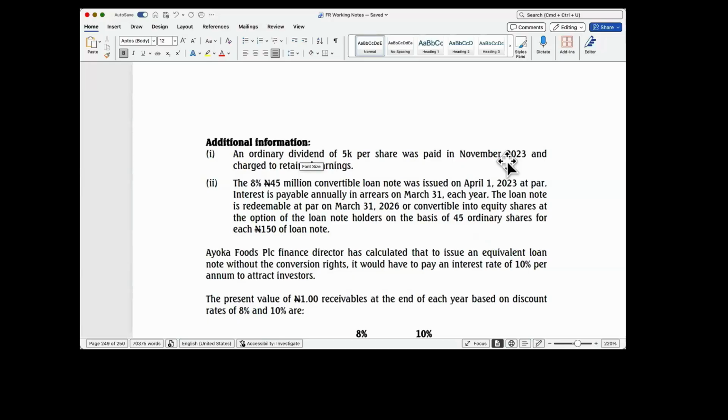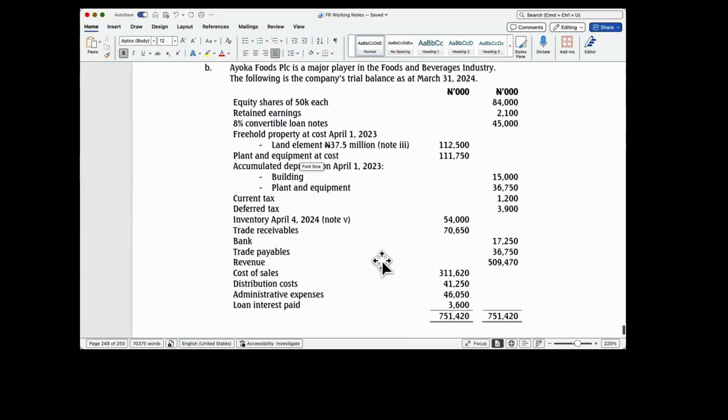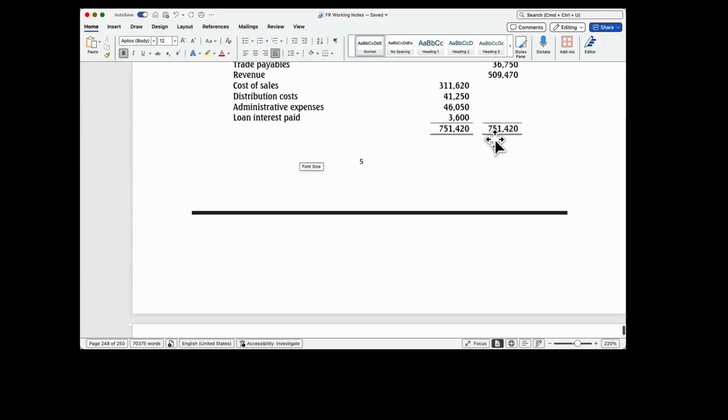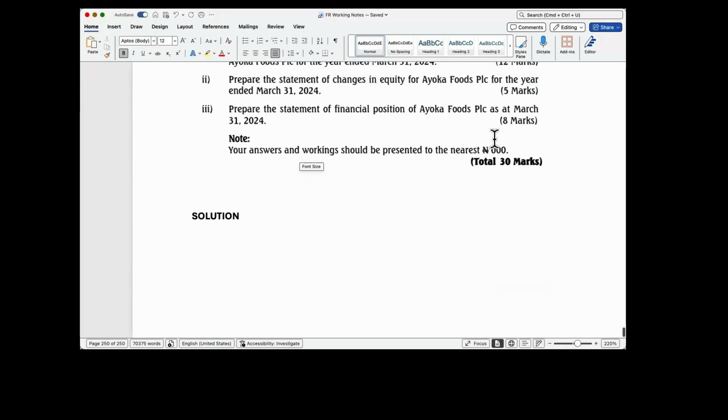I should have seen dividend on the face of this trial balance as a debit, but rather they have used it to net off retained earnings. No, it should not be so. So what I need to do is remove it from that retained earnings and let dividend stand separate. That's all I need to do here. Let me do that. Thank God I can do that one.